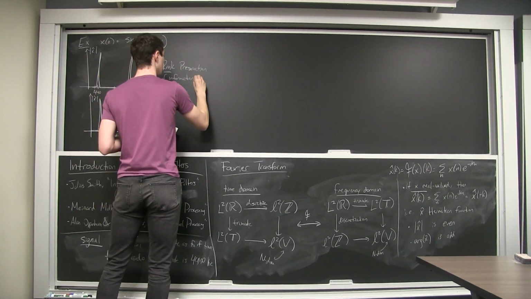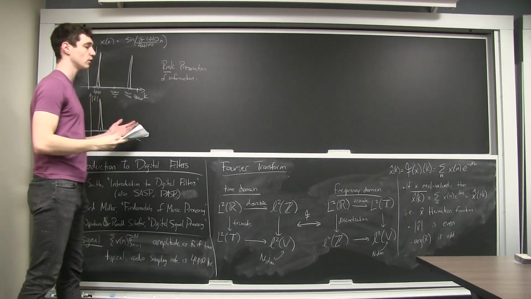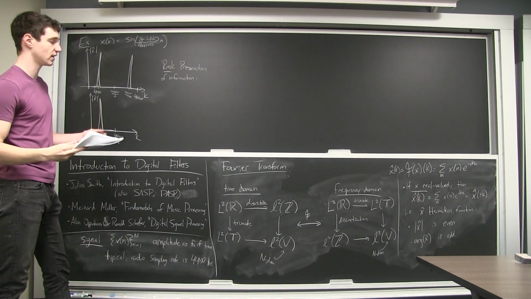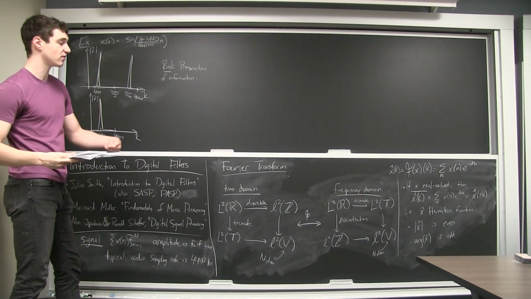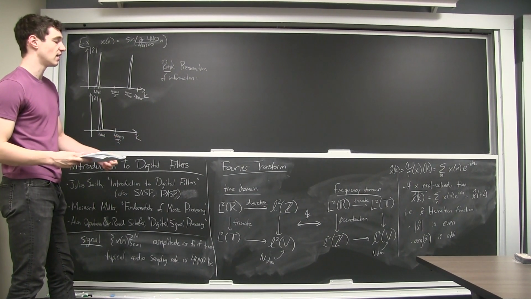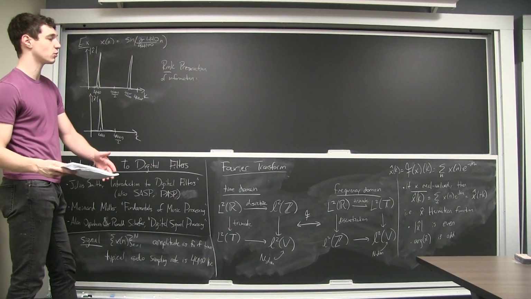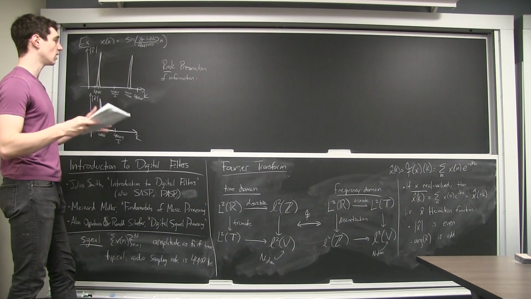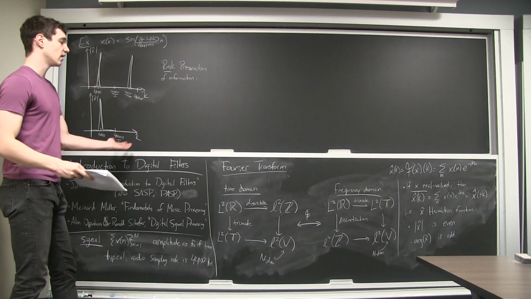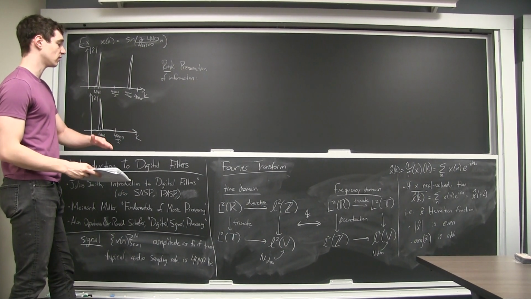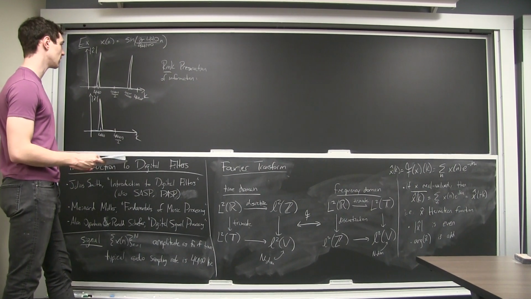When you're taking the Fourier transform, well, okay, so the Fourier transform is an isometry. And when you're going between finite dimensional vector spaces, that exactly means that the number of data points that you have on one side is equal to the number of data points that you have on the other side. The number of bits stays the same when you go between the time domain and the frequency domain.